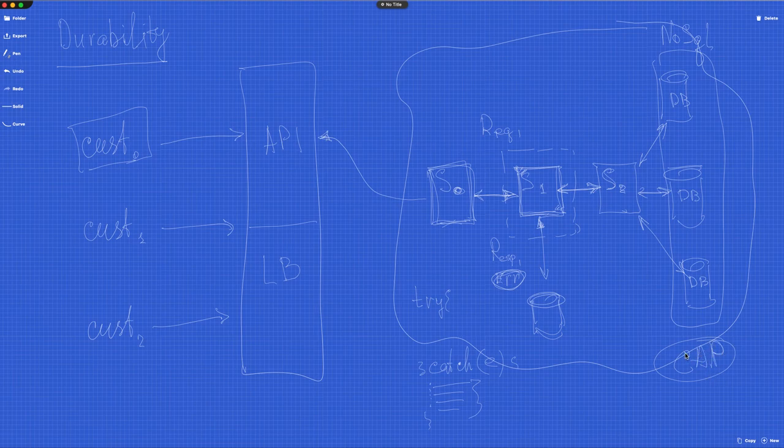They provide us consistency of the data, but they do not provide immediate availability of the data, which means that somewhere here data is modified and already exists in this node, but here the data is not updated yet. It will be updated eventually, but at the time of the request from customer 0, the data doesn't exist in this node of the database. And that's why service 1 throws an error.